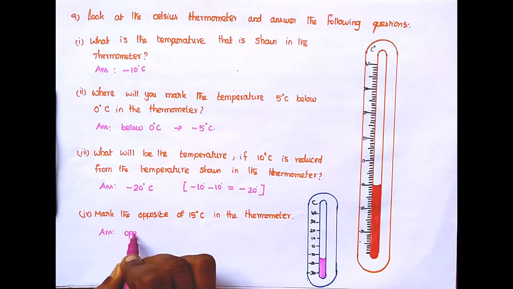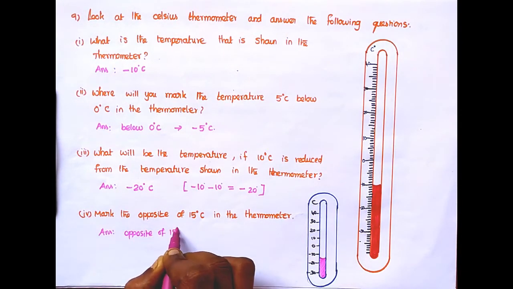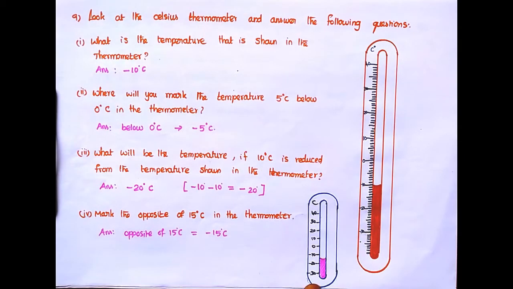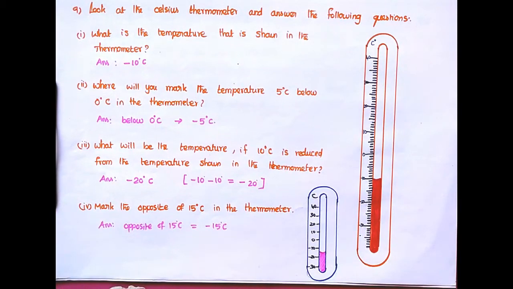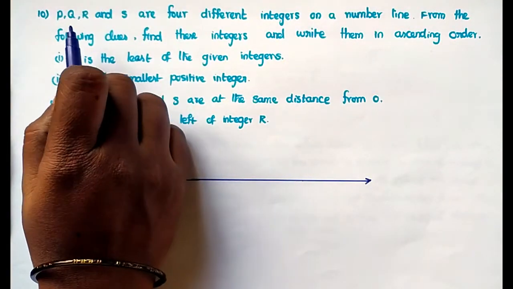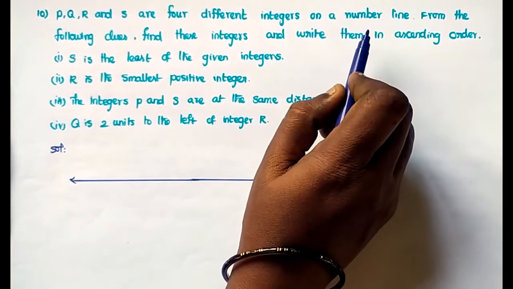Opposite of plus 15 degree Celsius is equal to minus 15 degree Celsius. So, mark it in the thermometer, they asked. So, we have to draw the thermometer and mark it. That is the answer.